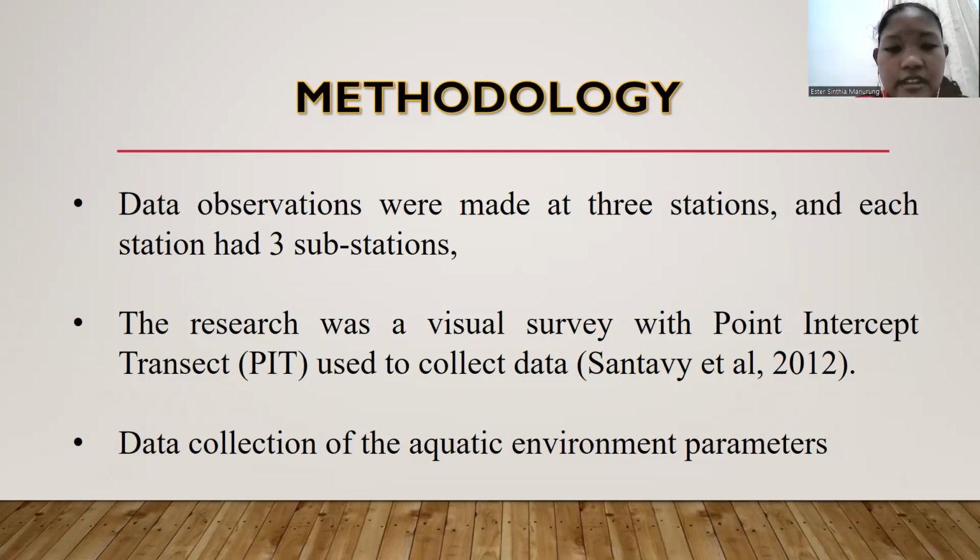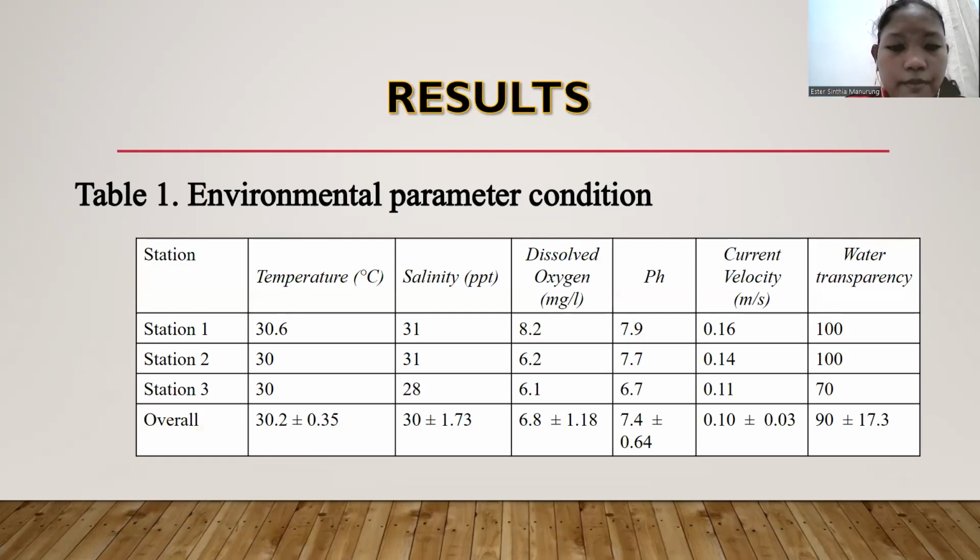Next, in this slide, there is the result from the observation. In this slide, there is Table 1. Table 1 is the environmental parameter condition. Dissolved oxygen is one of the important parameters to describe the quality of water. Marine organisms require dissolved oxygen for their metabolic activities.